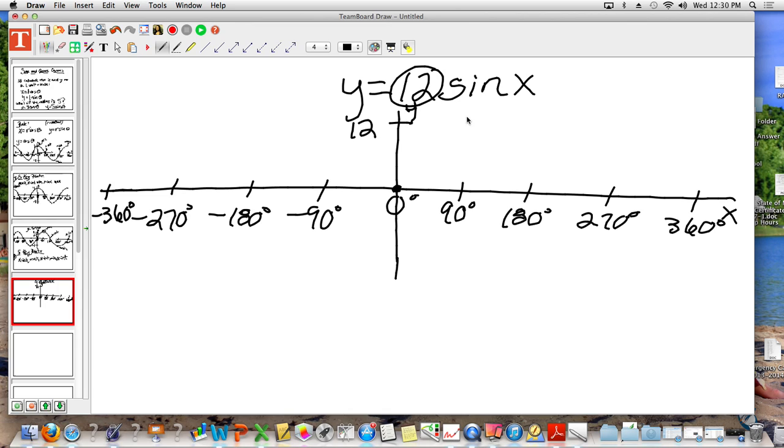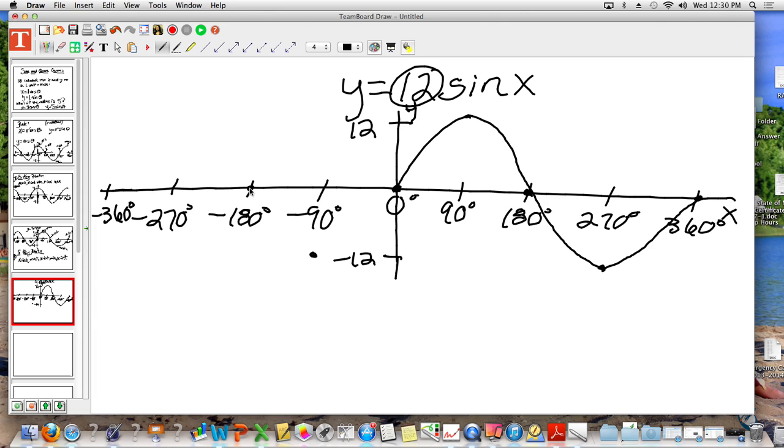So I go 1 to the right, I go up here to 12. 1 to the right, I'm back at an x-intercept. Take another step to the right, I'm down at -12. Take another step to the right, you're at 0. Connect your points. So it went x-intercept, max, x-intercept, min, x-intercept. -90 is -12 at -180.